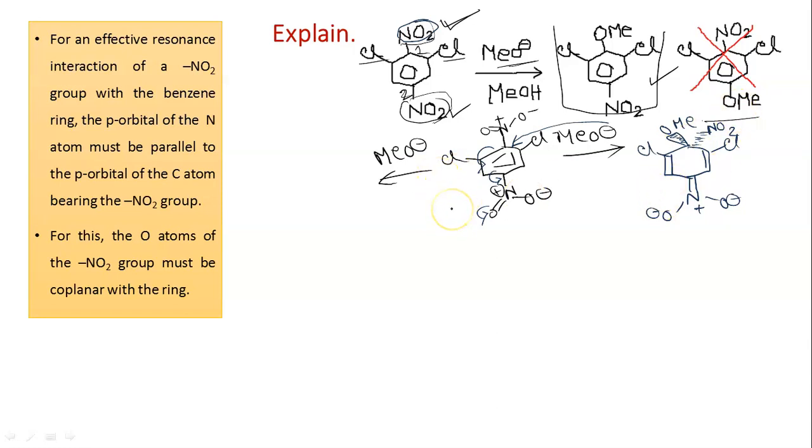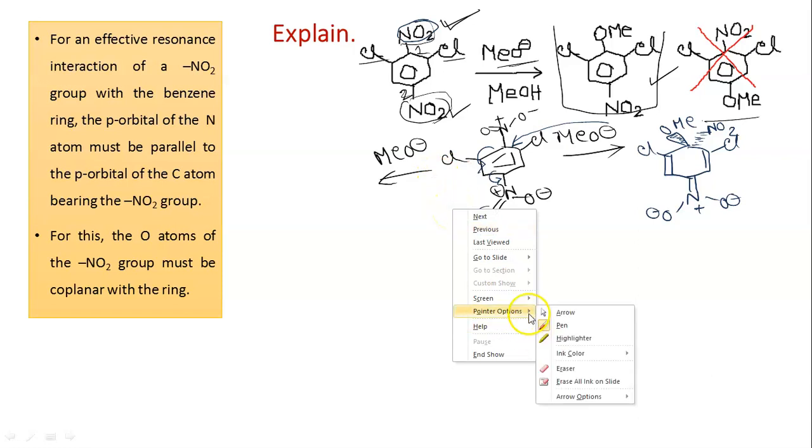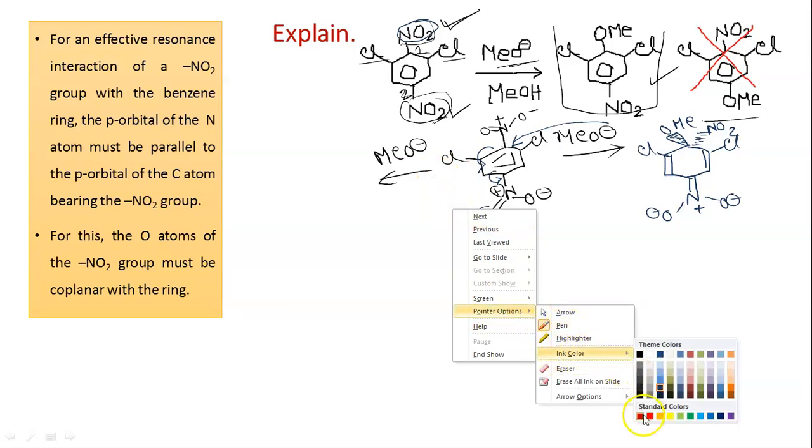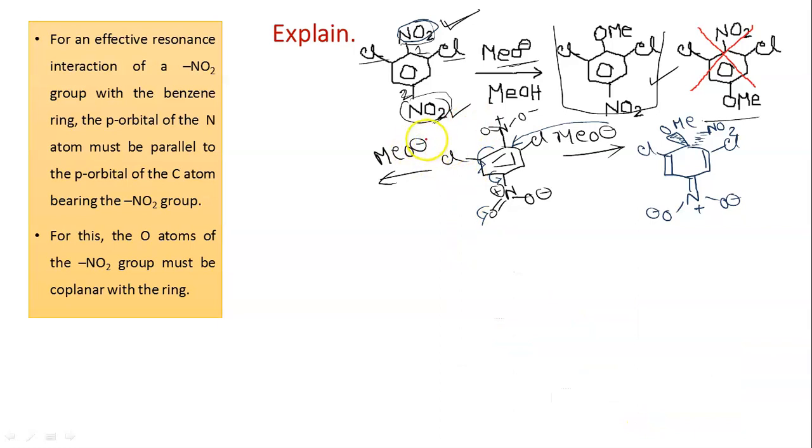Now if the attack is at the second NO2, that is the second NO2 bearing carbon, what structure should we get? This is Cl, this is Cl, and now the resonance will be here.